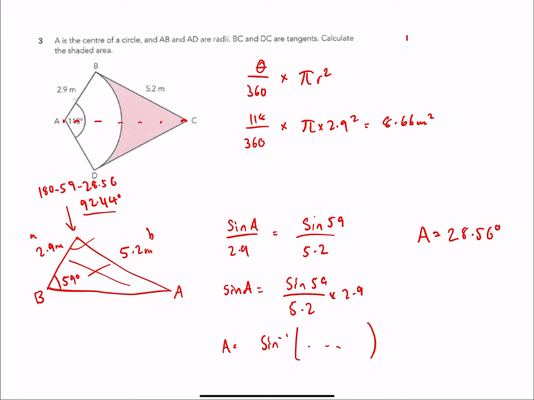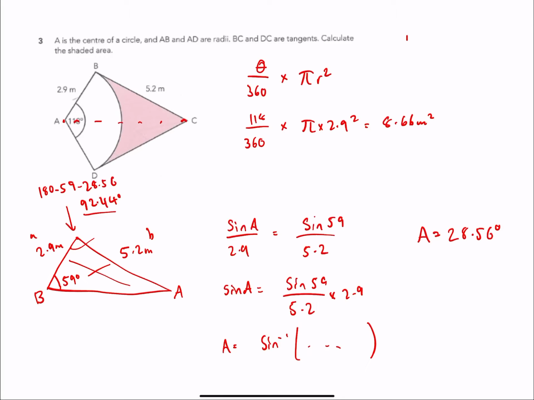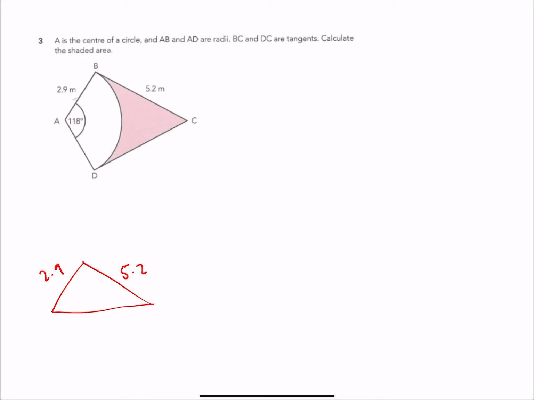So to find the area of ABC, I'm just going to go onto another page again. 2.9, 5.2, and the angle there is 92.44. To find the area of that, it's just a half times the two sides times the sine of the angle between.